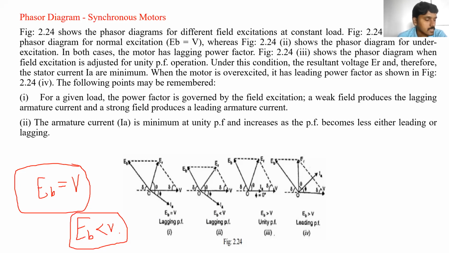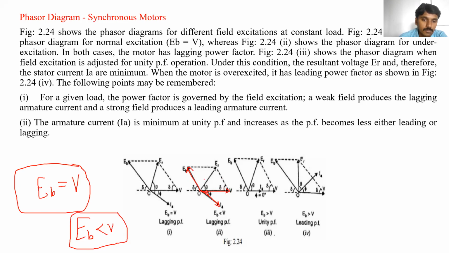Whenever the applied voltage is greater than the back EMF, the motor will operate at a lagging power factor. If we take the reference voltage V, in lagging power factor the armature current always lags by an angle of phi, and EB is 120 degrees leading the supplied voltage.